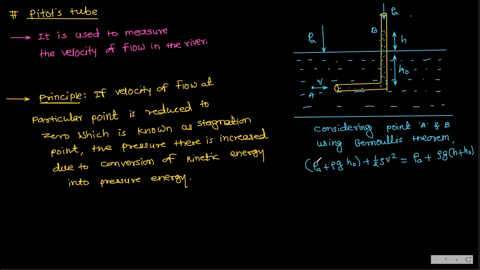Now, what we are getting is PA plus rho g H naught plus half rho v square is equal to PA, this is also PA only, okay, plus rho g H plus rho g H naught.